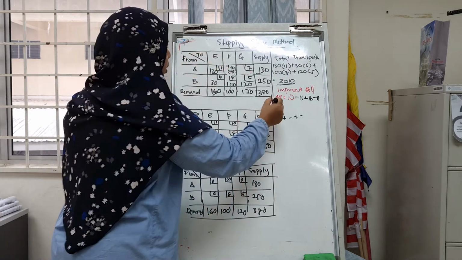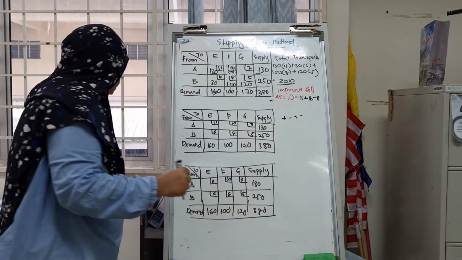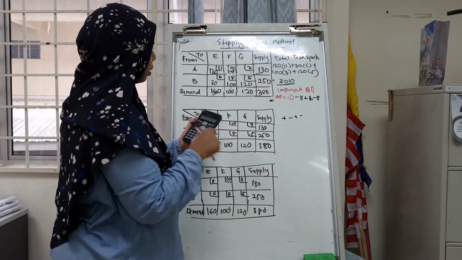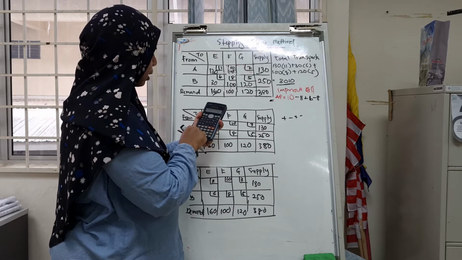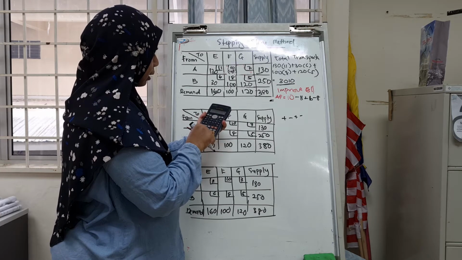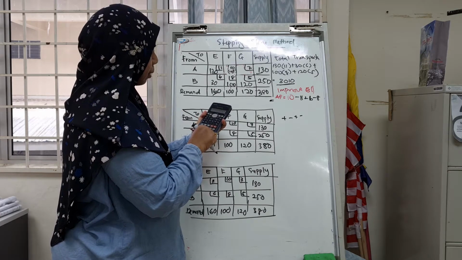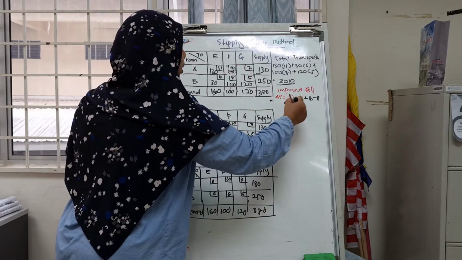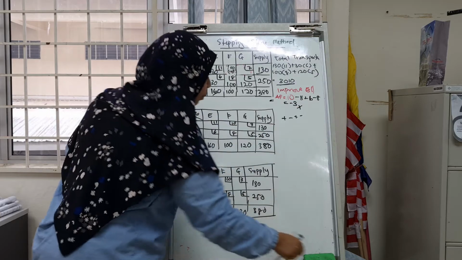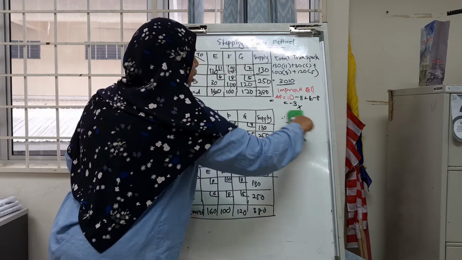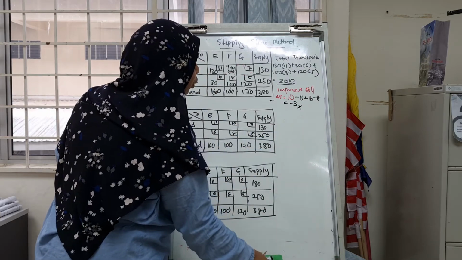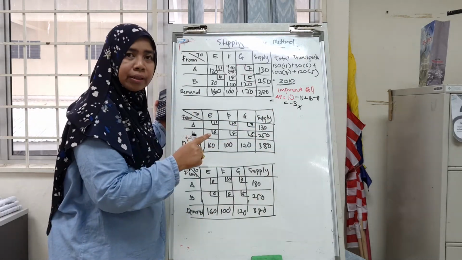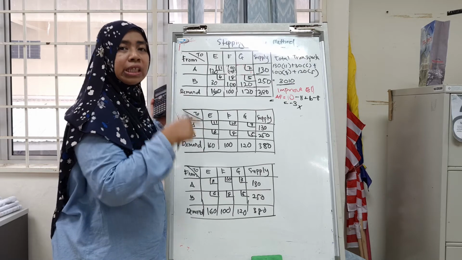So the result is 10 minus 11 plus 6 minus 8. The answer is negative 3. That means you have to improve this cell because the result is negative 3.